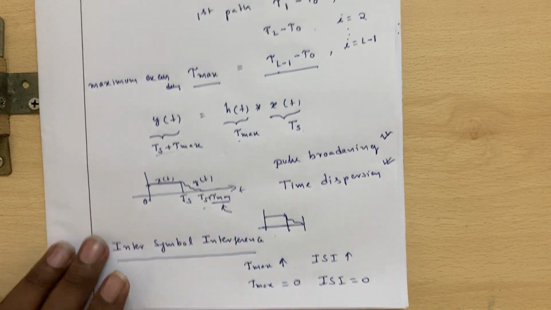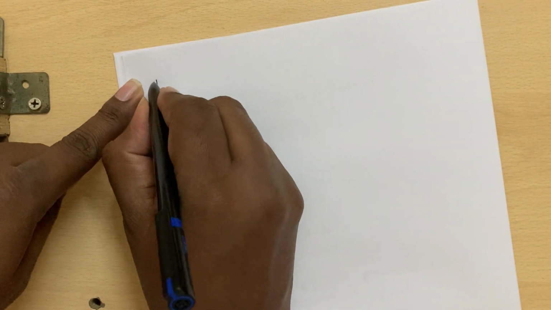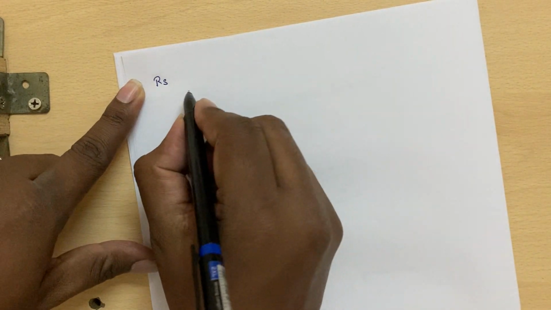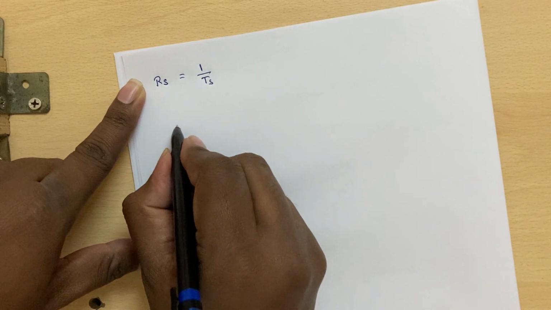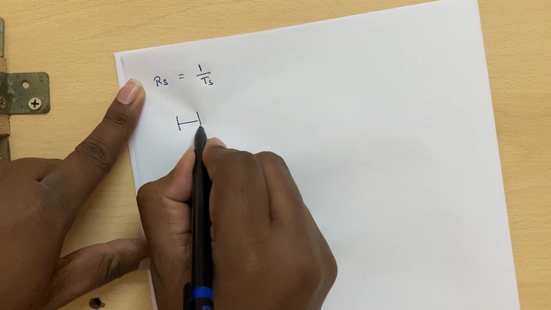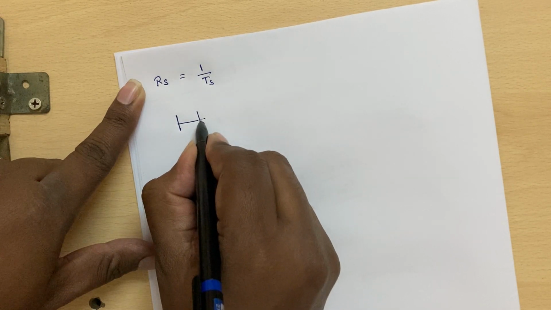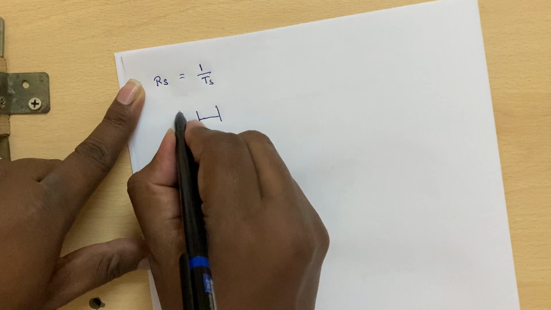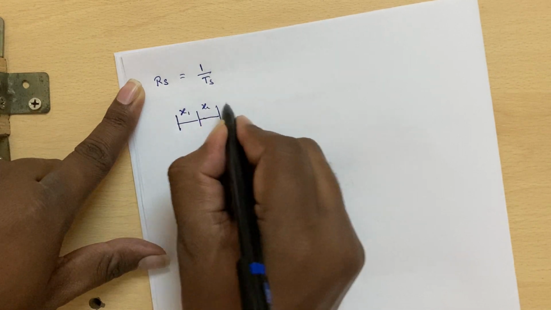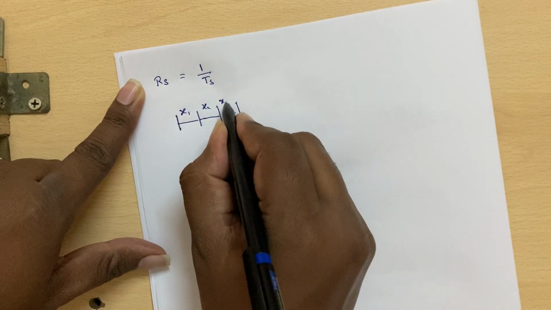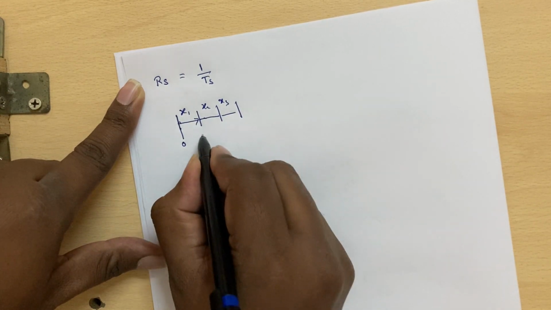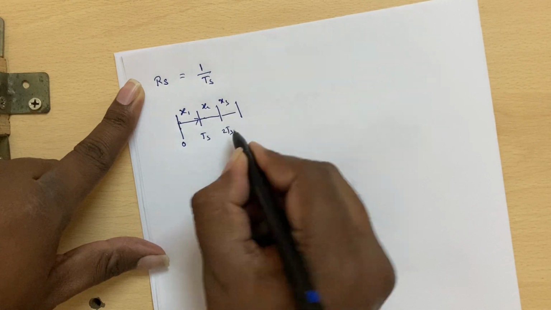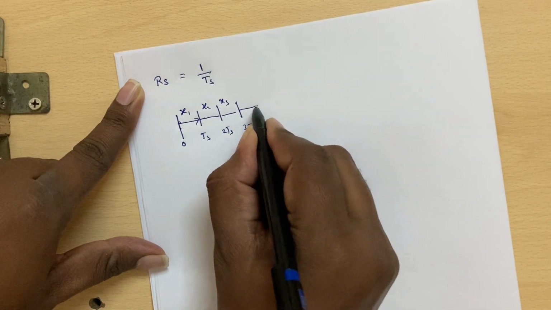Now let us describe what ISI is. Simply, we transmit at a symbol rate Rs, which is equal to 1 by Ts, where Ts is the symbol duration. So we keep on transmitting different symbols, say x1, x2 and x3, whose durations are 0 to Ts, Ts to 2Ts, 2Ts to 3Ts, like that.